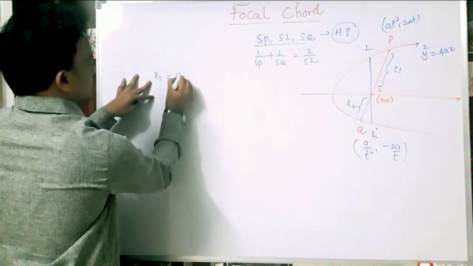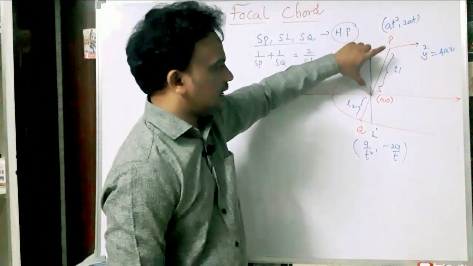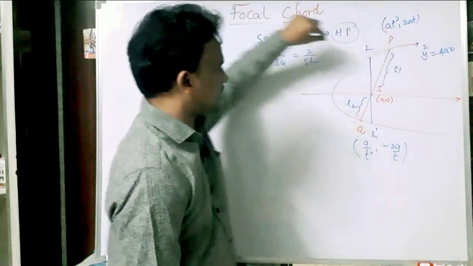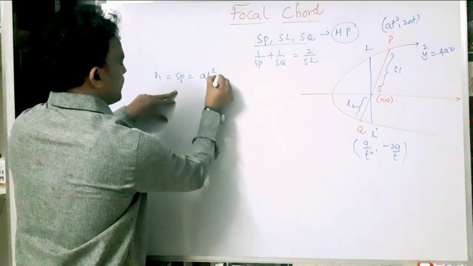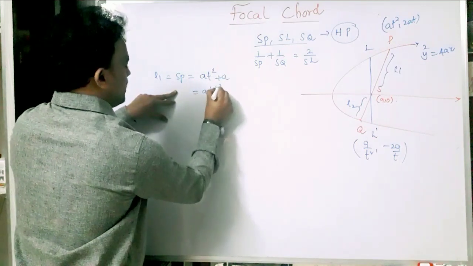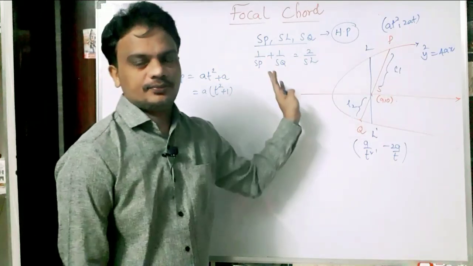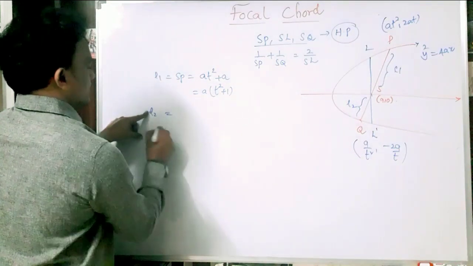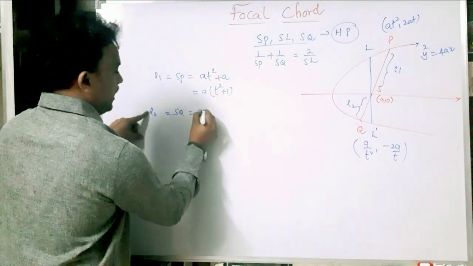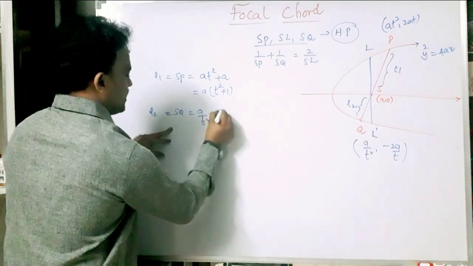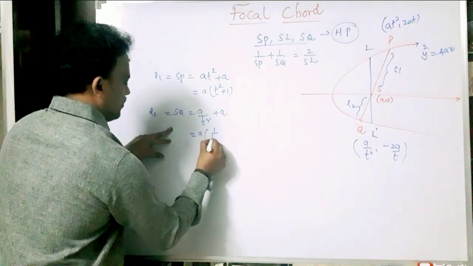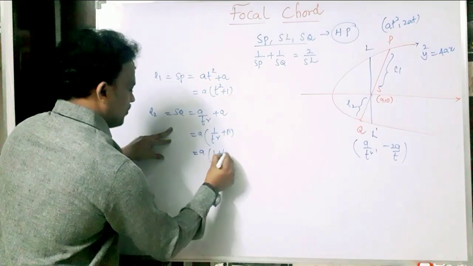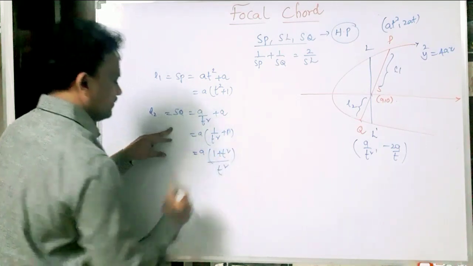L1 is nothing but SP. Just now we proved this: SP is a t square plus a, that is a of t square plus 1, while finding the length of the focal chord. Similarly L2 is SQ, which is a by t square plus a, that means a of 1 by t square plus 1, that is a of 1 plus t square by t square.